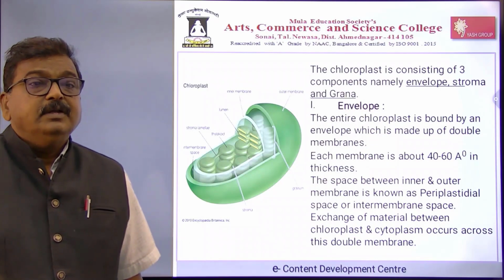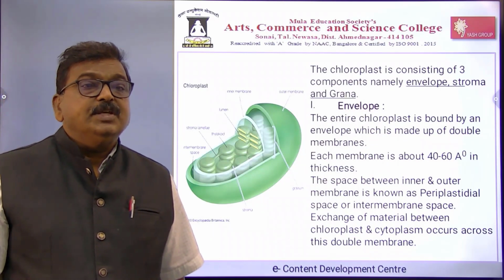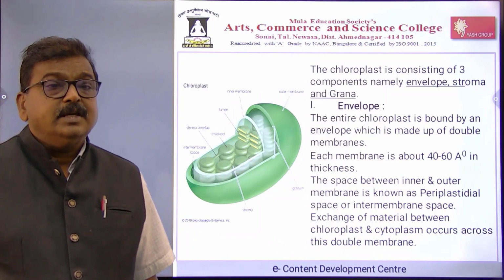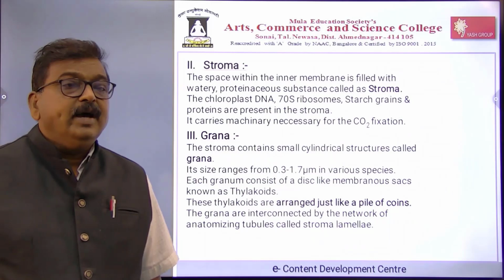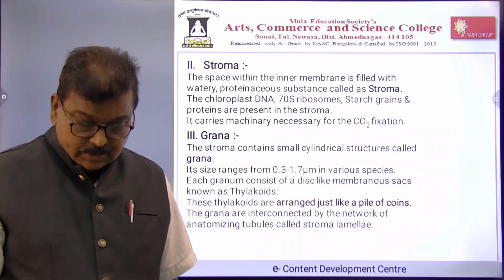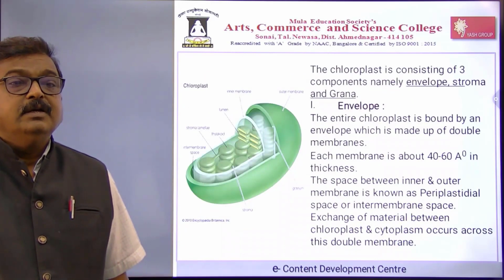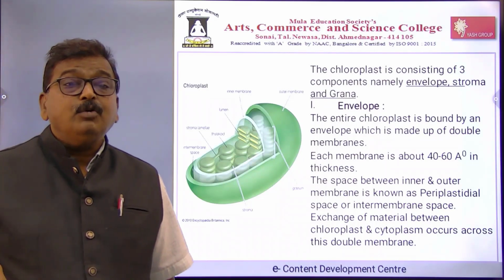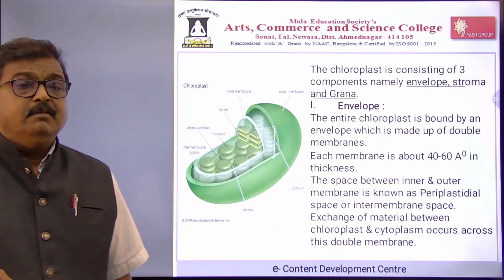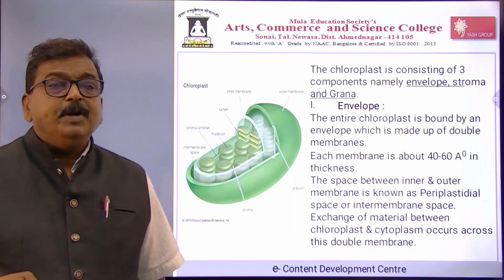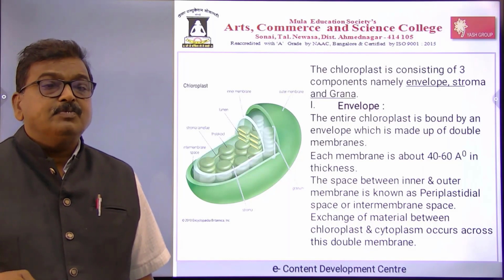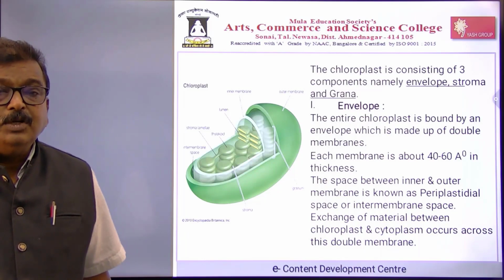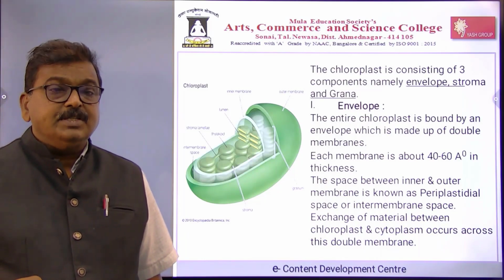See in the figure, the chloroplast consists of three components. One is the envelope, the second is the stroma, and the third is the grana. Now concentrate on the envelope first. As the name indicates, the entire chloroplast is bounded by the envelope, which is made up of a double membrane, and each membrane is about 40 to 60 angstrom units in thickness.